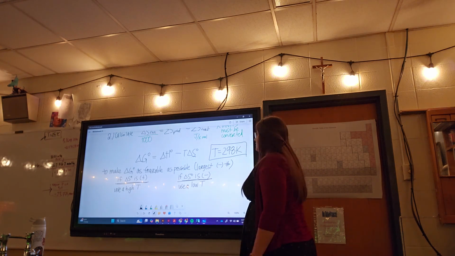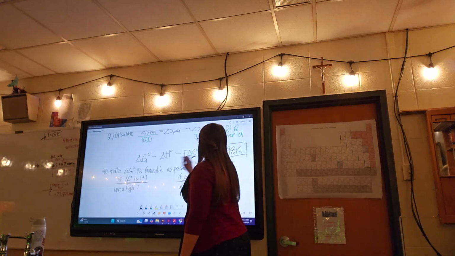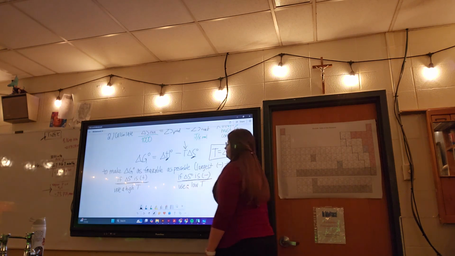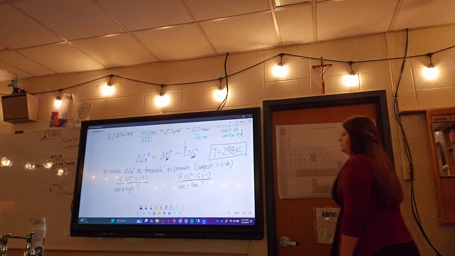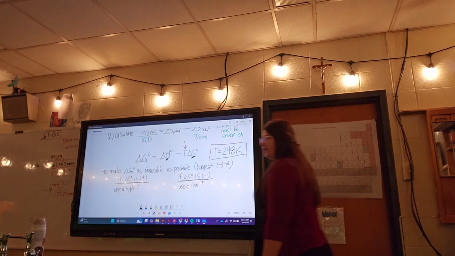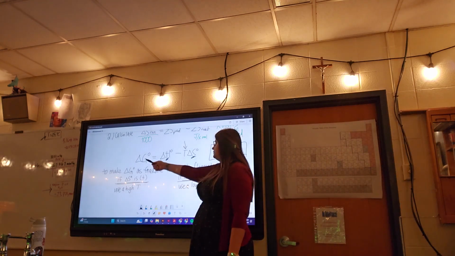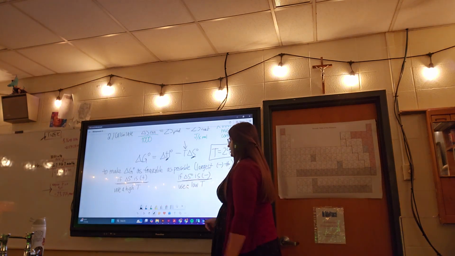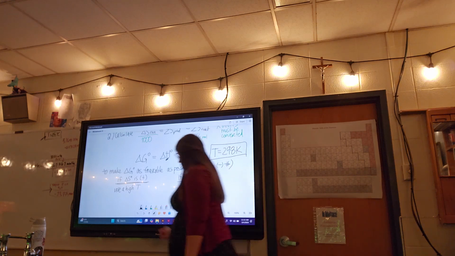So you might not be able to do anything to change delta S and delta H, but you can manipulate temperature. And so if you are able to manipulate it enough, you might be able to turn a non-spontaneous reaction into a spontaneous one, depending on your situation.